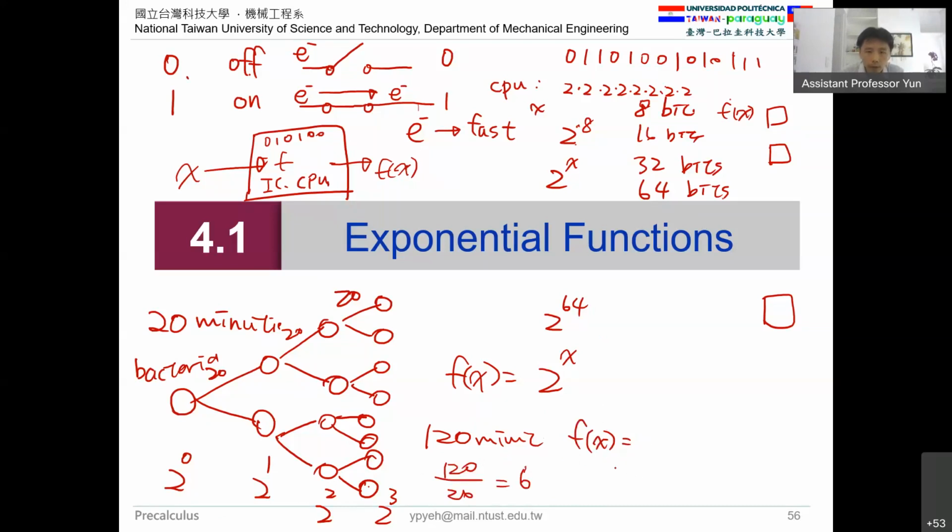So then it will be f of x when x equals 6, f of 6 here. So 2 to the power of 6 will be 1, 2, 3, 4, 5, 6 here. Then it will be 64 bacteria. So after 2 hours, there will be 64 bacteria or virus or cells grown.